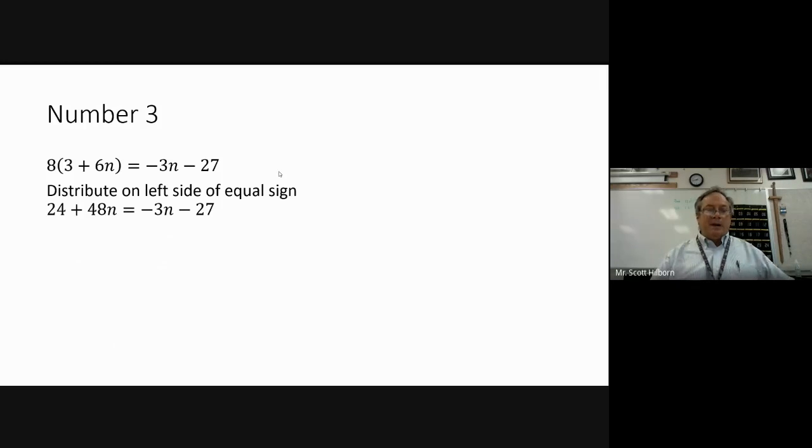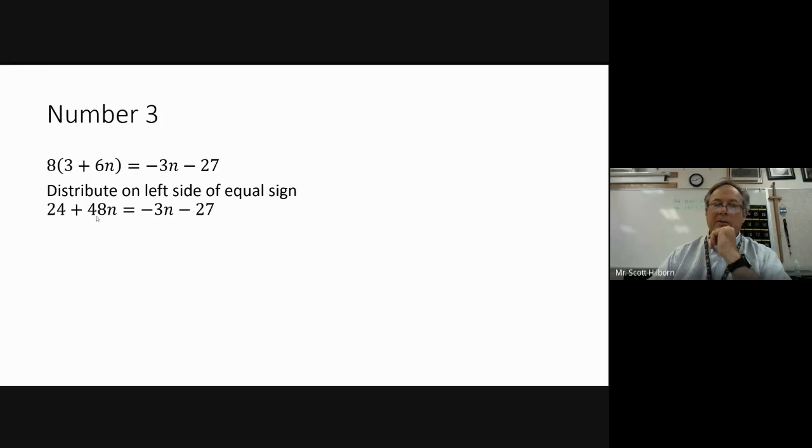All right, now you may have been taught to do the numbers first. I prefer you to do the variables first. Notice that there is a 48n on the left side of the equal sign and a negative 3n on the right side. We need to get them together on one side or the other. I'd like you to get in the habit of taking the smaller coefficient. That's the number.